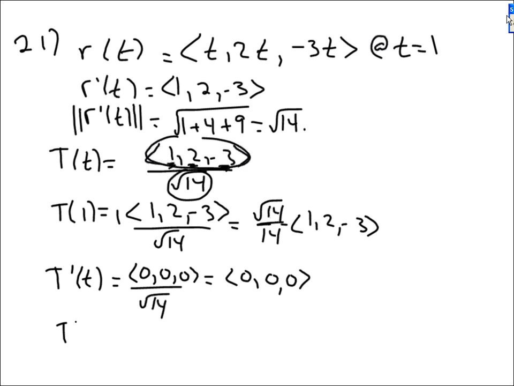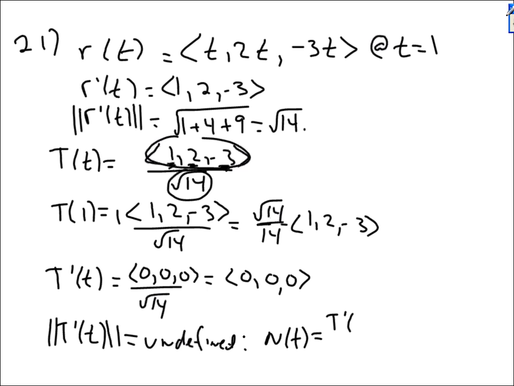Well, you can find the length of T prime of t. This is undefined. But N of t is defined to be T prime of t divided by the length of T prime of t.